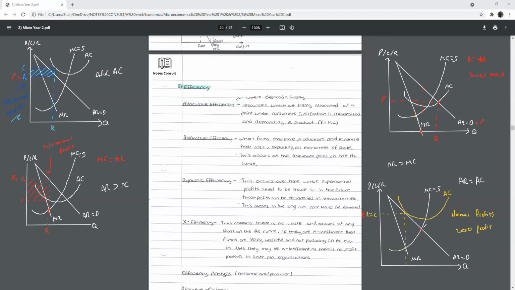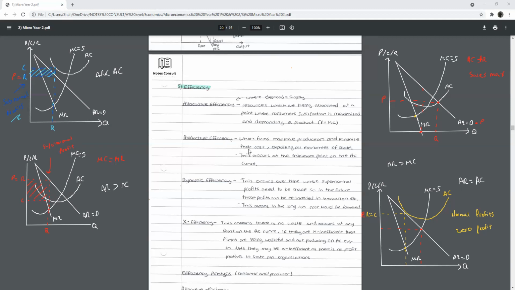So this point here is where I have allocative efficiency, and this is where P is also equal to MC. It also makes normal profits here. But that is where you have allocative efficiency if you wanted to show it on a graph where demand is equal to supply. We'll look at that a bit later when we analyze the graphs further.